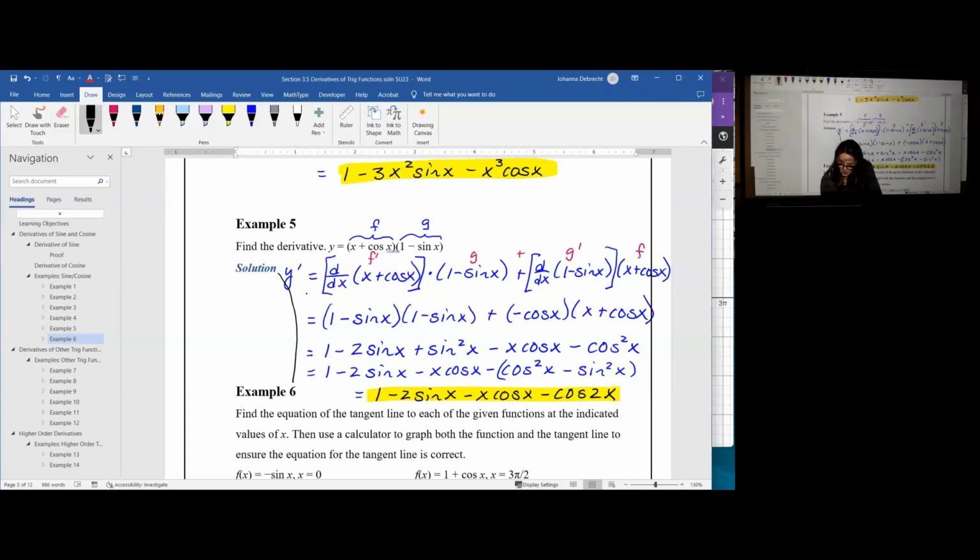If I multiply y out first, this is going to give me for the first times the first x, on the outside minus x sine x, on the inside plus cosine x, and for the last minus sine x cosine x. I think I've changed my mind. I don't think this would be simpler. Why?